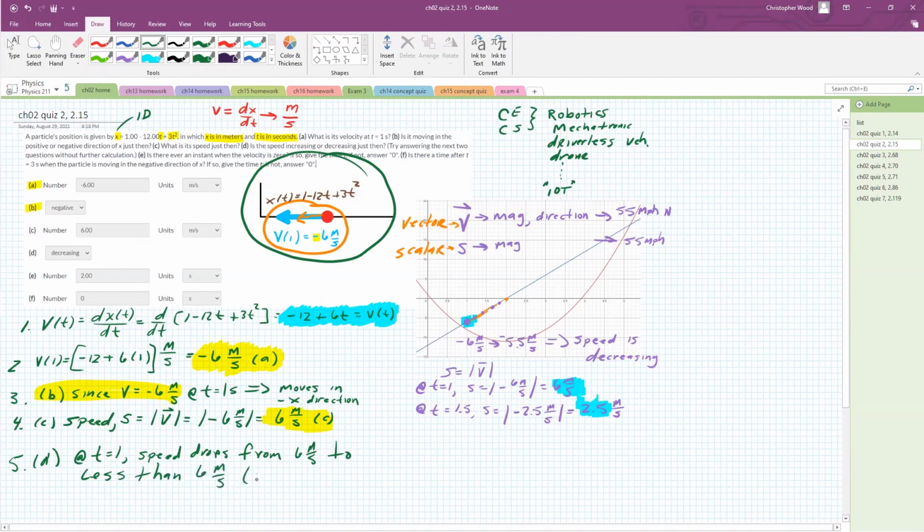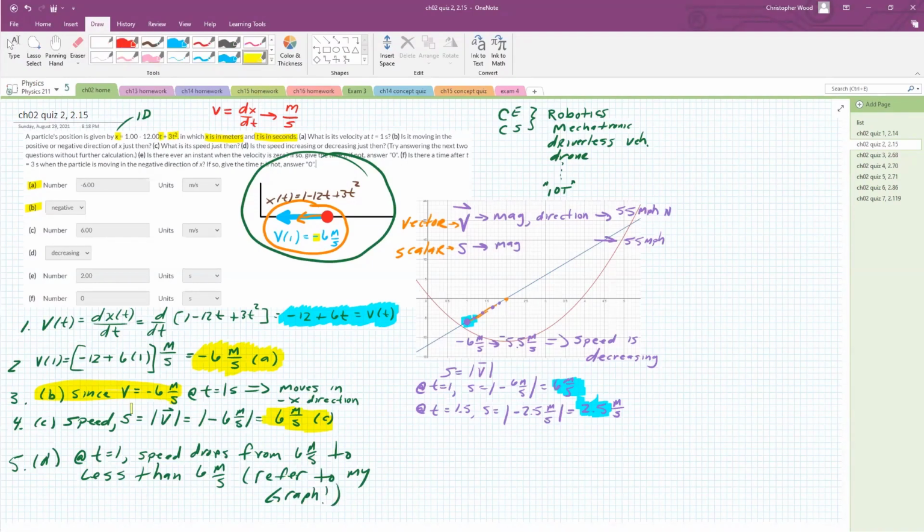And then I'll say refer to graph, refer to my graph. And that's pretty sufficient for part D. Okay, so we're done with D.